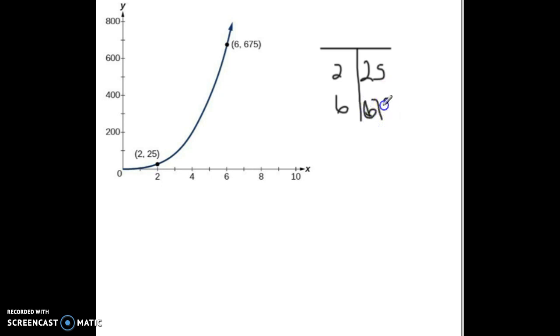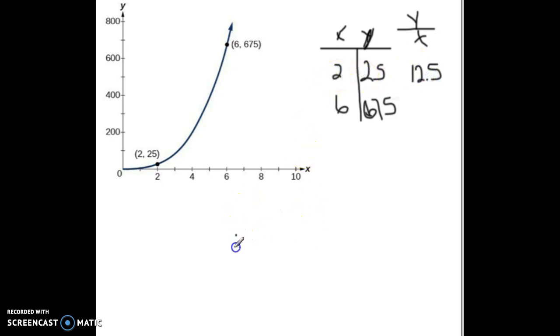Okay? Now when we do 25, and remember we're doing y divided by x. That's always our favorite thing. Y divided by x. Okay? This one would be 12.5. 25 divided by 2 is 12.5.